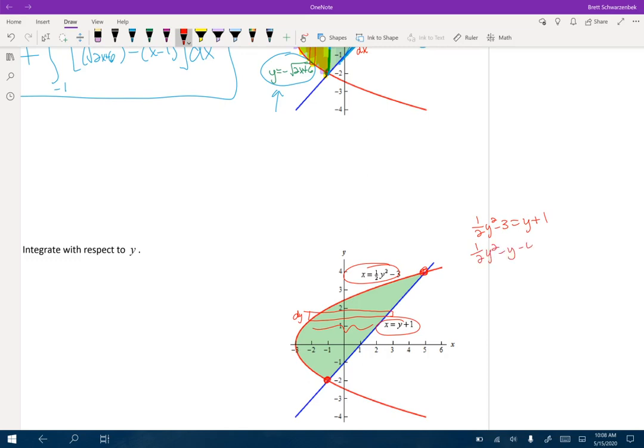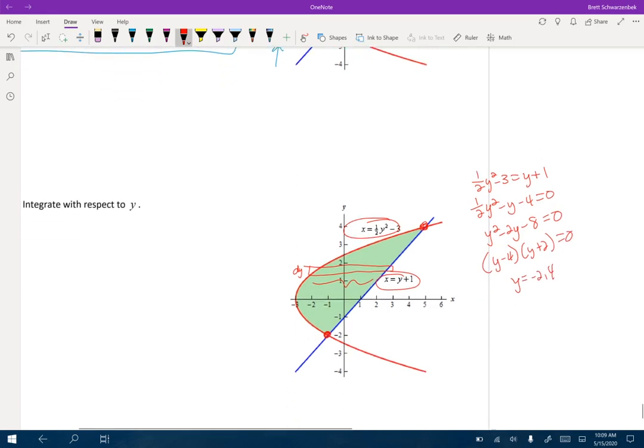We hate the half, so we're going to multiply everything by 2 and get y squared minus 2y minus 8. Alright, so if we factor, we're going to get y minus 4, y plus 2, and we're going to get y equals negative 2 and 4. So if you look at this, we are spreading from negative 2 to 4 this representative rectangle all the way up and down.